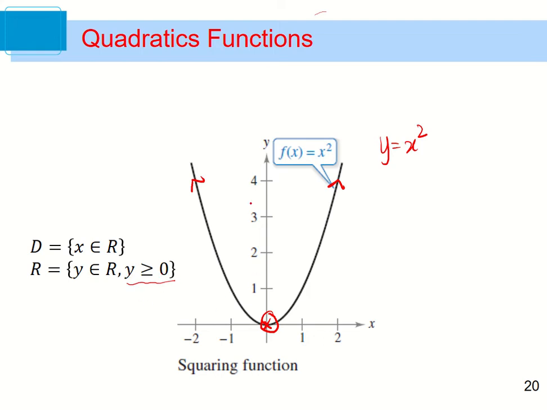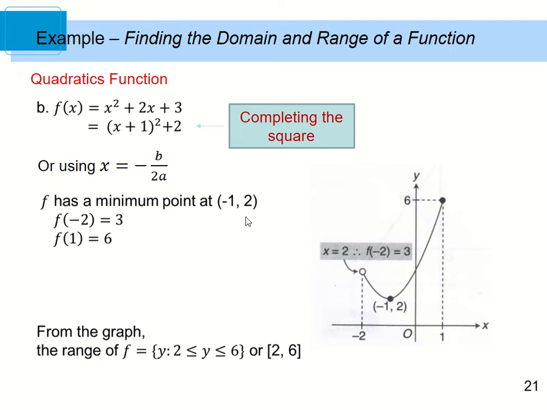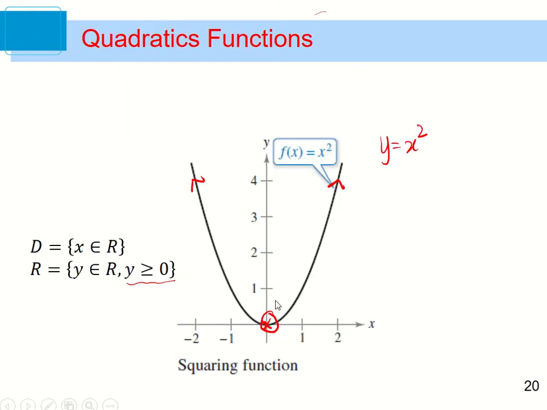Y should be greater than 0, and it can be any positive value. Therefore, y must be greater or equals to 0. So, to find the range of y, we always take this value as the lowest value implicitly.